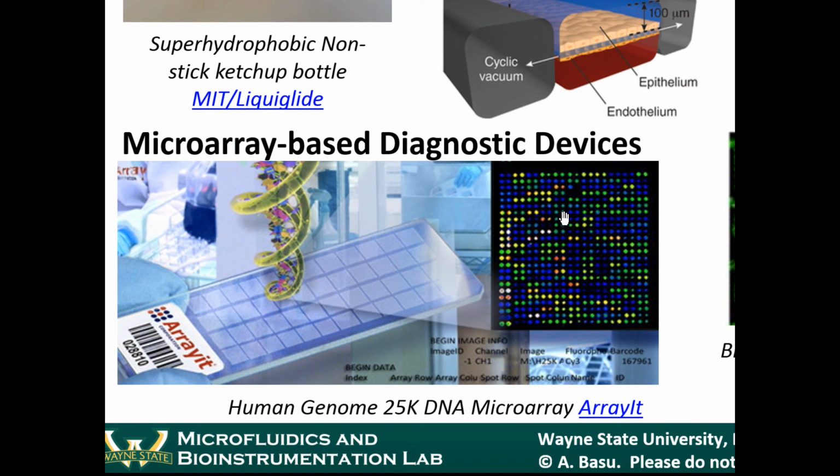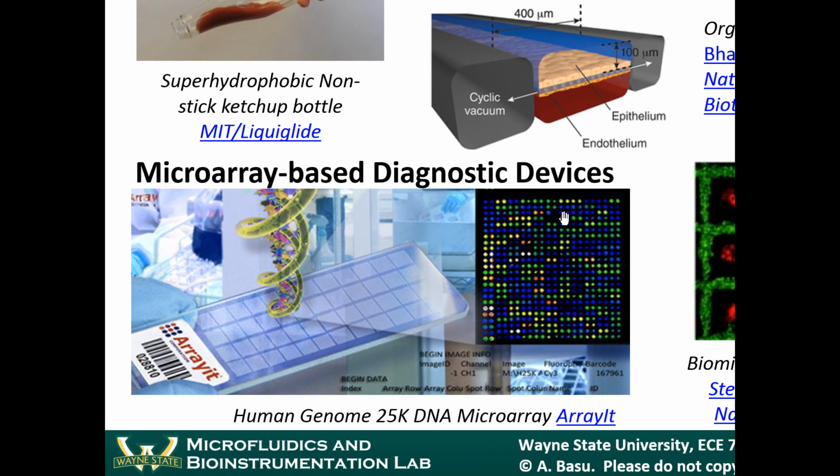A technology that became very popular in the 90s, and is not quite as popular now, since it's been supplanted in some ways by DNA sequencers, is these microarray based devices. Now, in these devices, you have a small surface like this, and on that surface, there's a whole bunch of different dots.